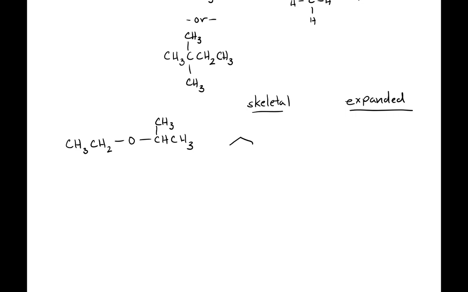The skeletal structure's quite easy. So there's 2 carbons, and then those are bonded to the oxygen. And then the carbon on the right side is bonded to 2 more carbons. So you'll notice how I spread them out as far as possible so that they take up the most space. The expanded structure, again, is going to be a bit of a mess with all those hydrogen atoms.